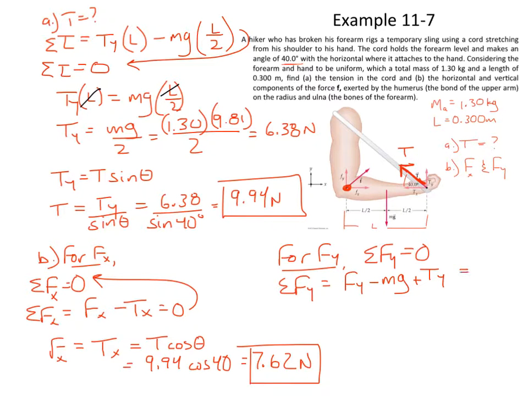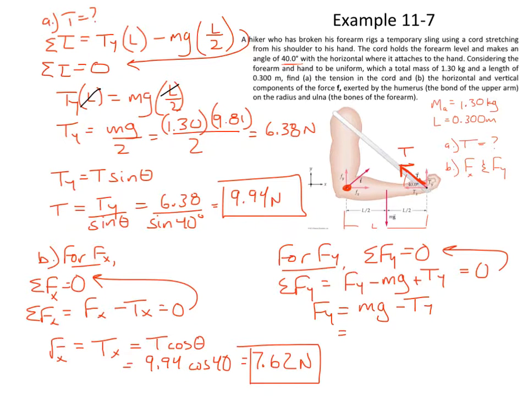If these all equal 0, then we should be able to say, by adding over our mg and subtracting our Ty, that Fy equals mg minus Ty. All right, the y component, both of which we know.